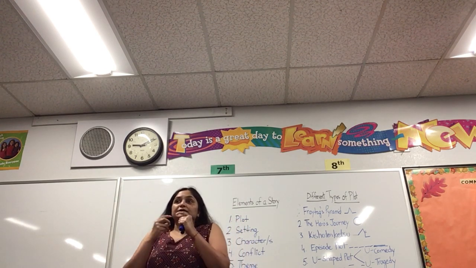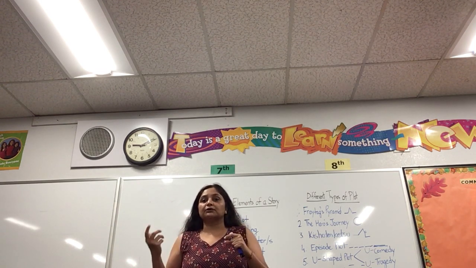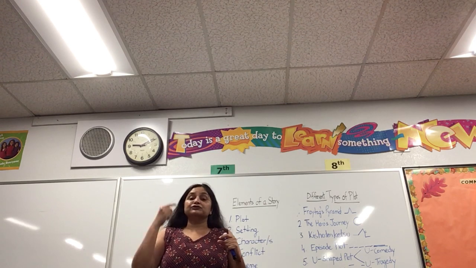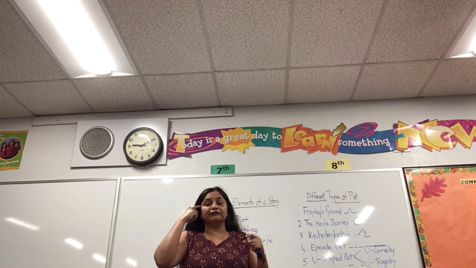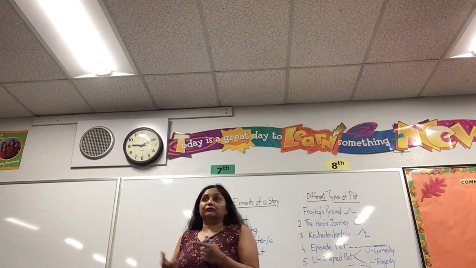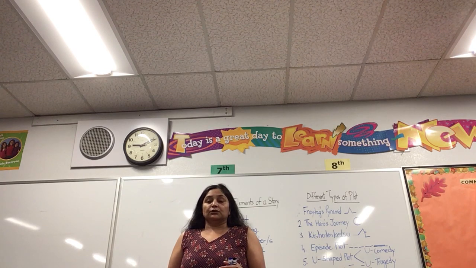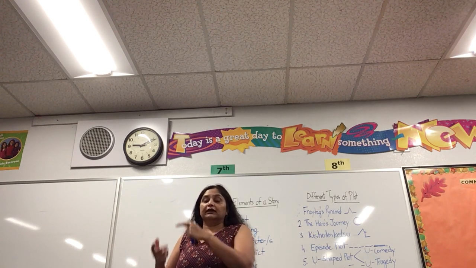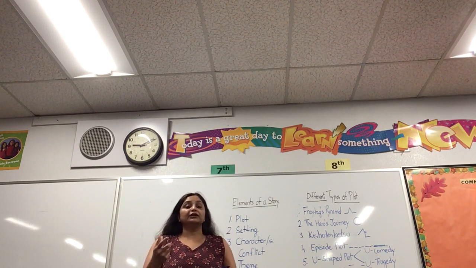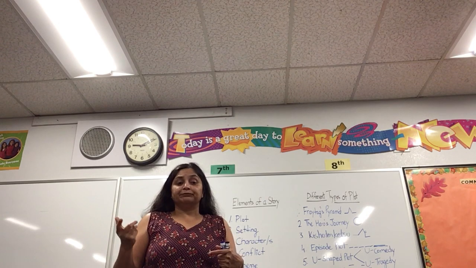So when you see that shivering, it comes to your mind, maybe it's a cold season, right? At that time, we have to make that smart inference to understand the setting of the story, where it is happening, what time period it is. So if in a story the setting is not written directly, indirectly you have to make that smart inference, okay?